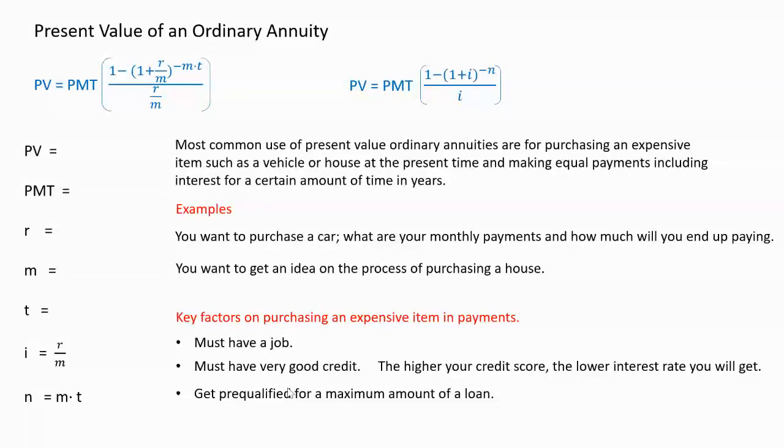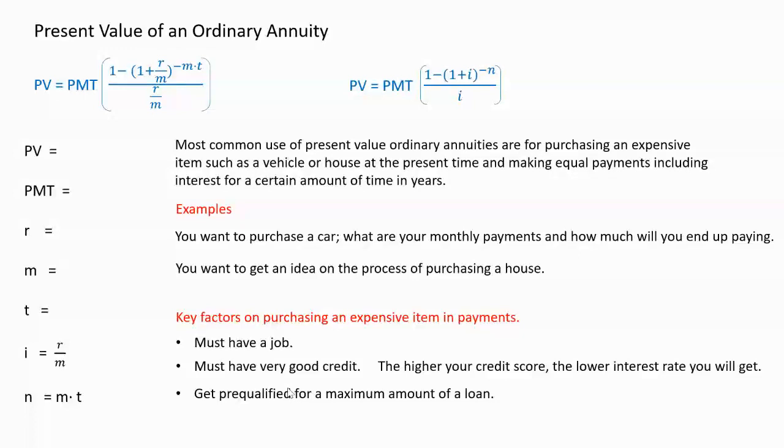First, it's always wise to get pre-qualified for a maximum amount of a loan. Because once you get an agent, the agent is going to tell you to get pre-qualified first. Because if not, you're wasting your time. Once you get pre-qualified, it gives you an idea of what type of homes you want to look at.